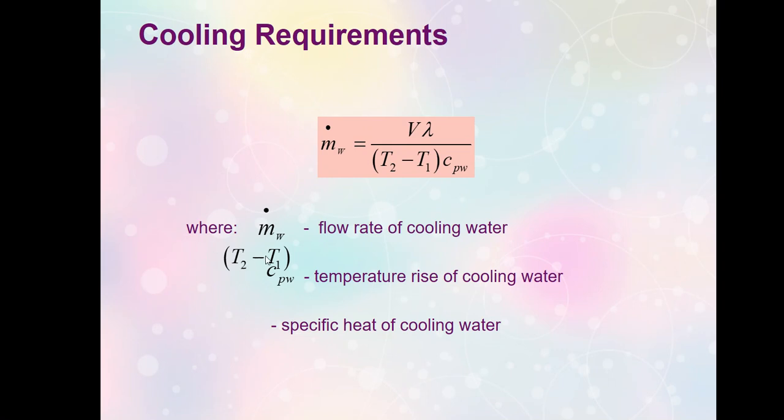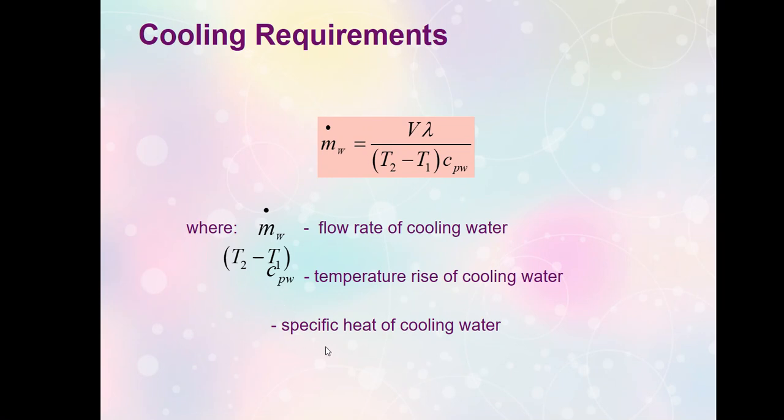The T sub 2 minus T is the temperature rise of the cooling water. There's no need for you to really observe the difference in terms of the signs. What you need here is just the numerical difference in the temperature. So final temperature minus initial temperature. So that's the rise in the temperature of the cooling water.